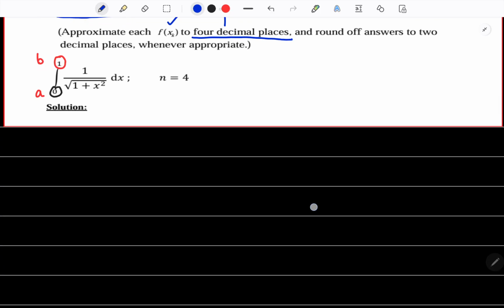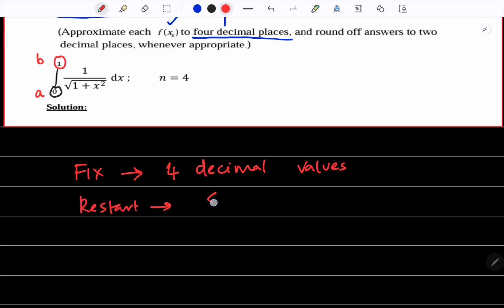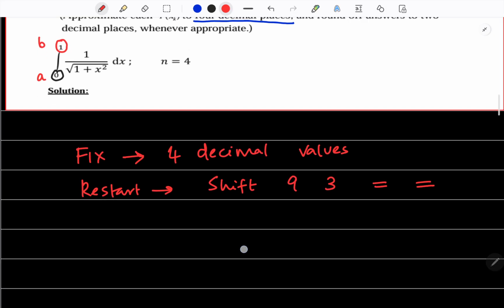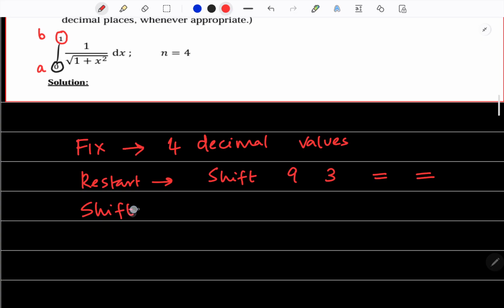To fix the values in the calculator to 4 decimal values: take your calculator, restart it with shift 9 3 equals. After that, press shift and then mode. You will get number 6, which is your fix mode.